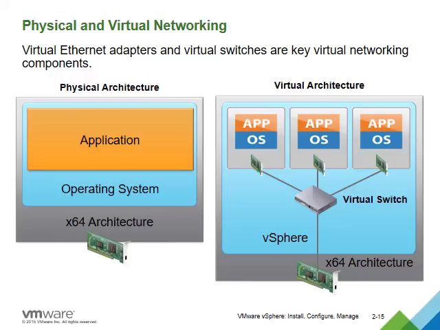So a VM can be configured with one or more virtual Ethernet adapters. Virtual switches enable the VMs on the same ESXi host to communicate with one another by using the same protocols that are used by physical switches without the need for additional hardware.